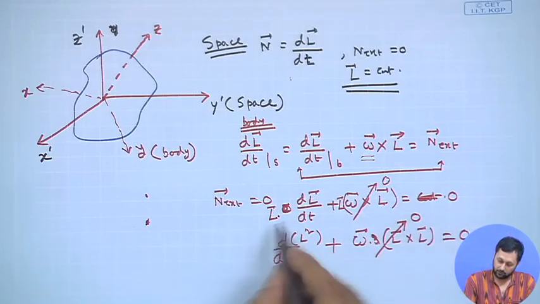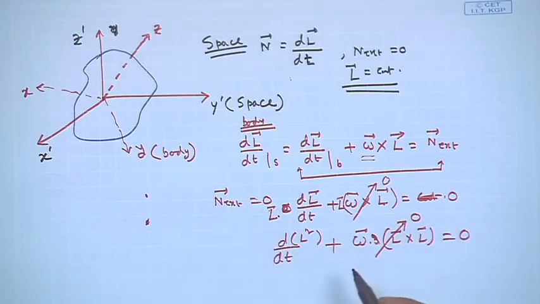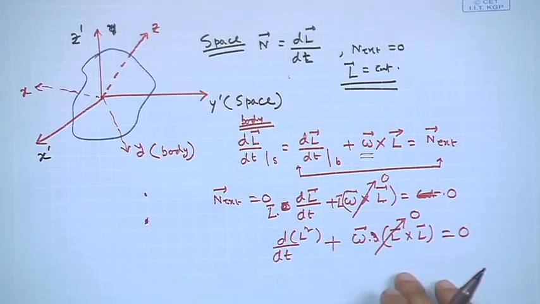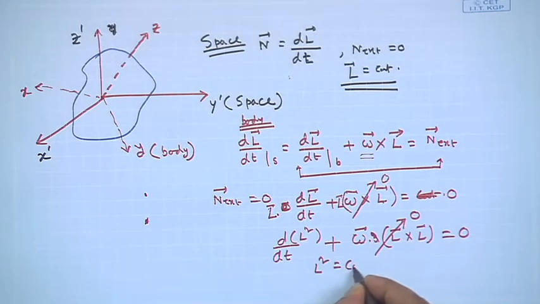So, when you set N external equal to 0, sitting in the body frame of reference, you get L square equal to constant.